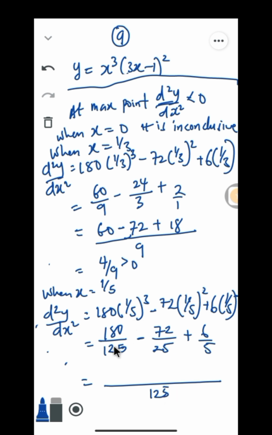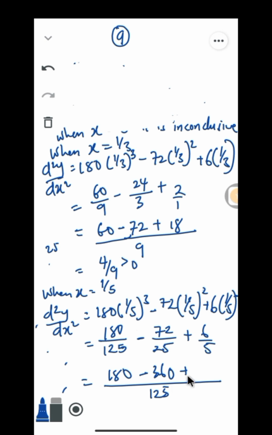I take 125 into 125, which is 180, minus 72 times 5, since 25 into 125 is 5, and 5 times 72 gives us 360, plus 125 into 25 is 5, times 6, which is 150. Okay, so 180 plus 150 is 330, right? And 330 minus 360 should give us negative 30 over 125.